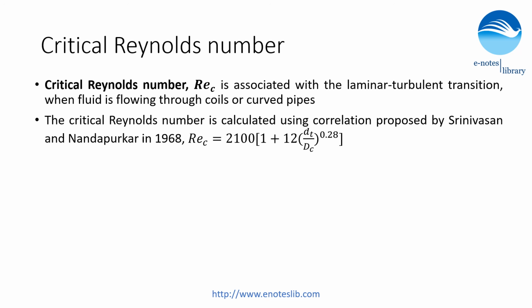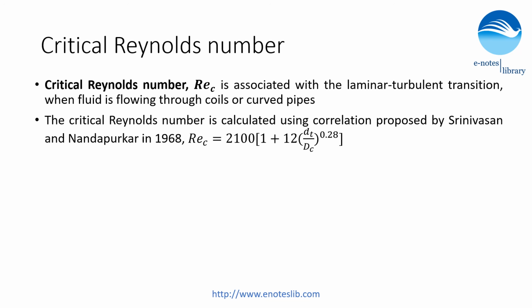With this, 2100 is fixed over here; it is based on experiment values. Basically, it is the value of Reynolds number over here, and these 12 and 0.28 are empirical coefficients which are also experimental values.